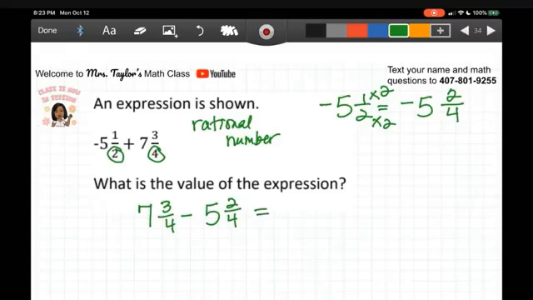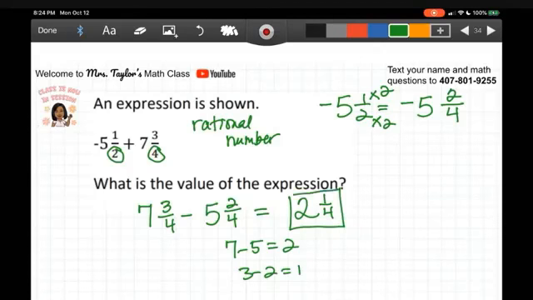It's a little bit less intimidating like this when you write it. So you take your 7 minus 5, and that gets you 2. You take your 3 minus 2, that gets you 1. So you put it all together, you have 2 and 1/4. And that's going to be your answer.